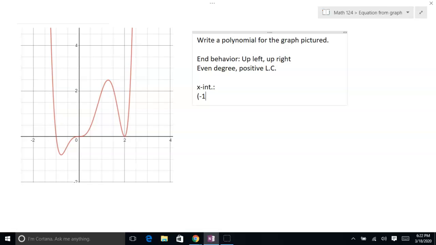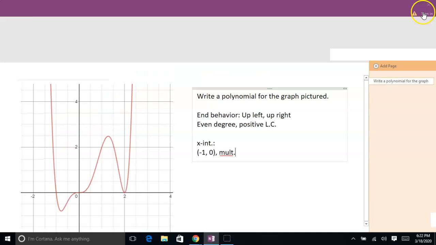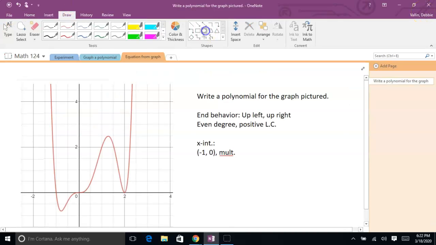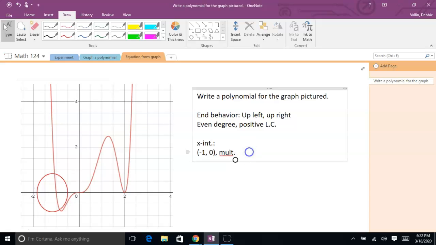I need to know what the multiplicity is there, and for that I'm going to look at what the graph is doing relative to the x-axis. I'm going to look just really close around that point, -1, 0. So I'm going to put a circle around it, like that, and see what's happening at -1, 0.